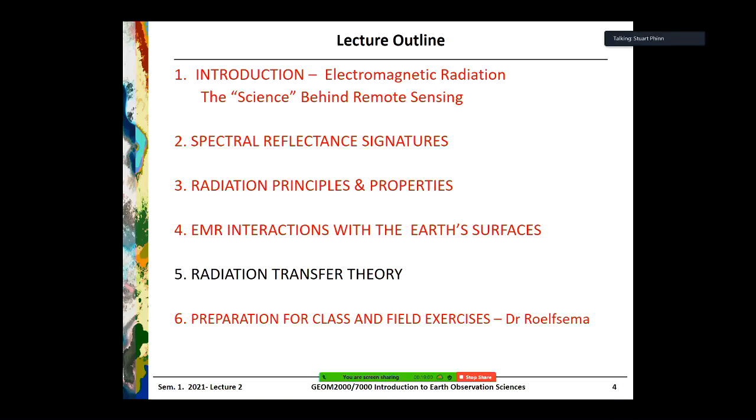Get into spectral reflectance signatures. Remember, this is the information in each pixel, so it's really how you interpret a pixel. Going to talk about some essentially basic physics under radiation principles and properties. Talk about electromagnetic radiation interactions. That'll help us interpret signatures. Very briefly touch on radiation transfer theory and why it's important, and then lead into the field exercises as well.